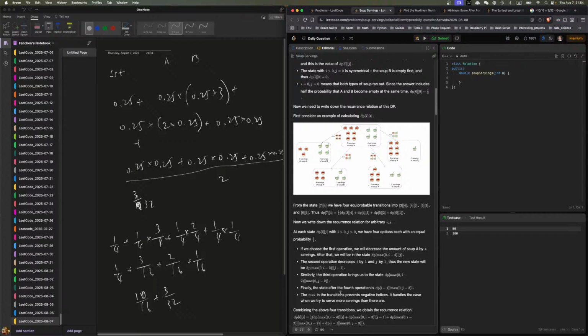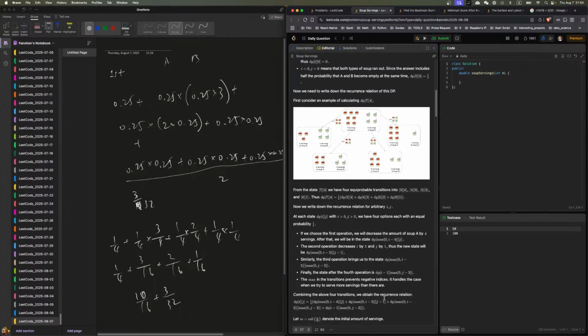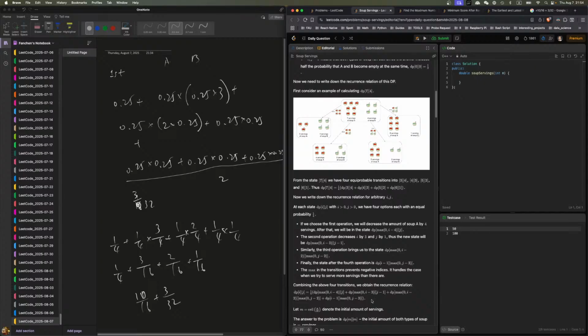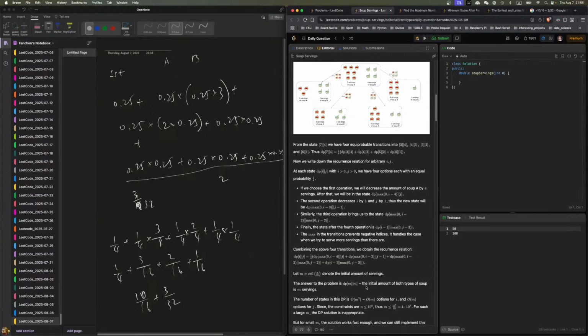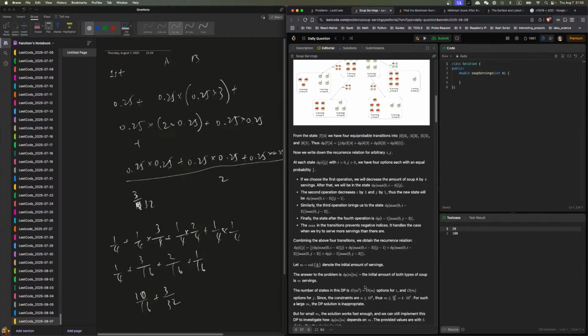The max in the transitions prevents negative. Okay, so this will equal to this. I agree. Denote the initial amount of servings. The answer to the problem is this. Wait a second. The answer to the problem is dp[m][m], initial amount of servings, minus the initial amount of both.